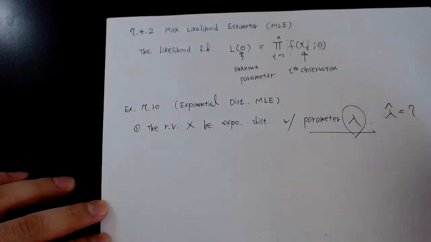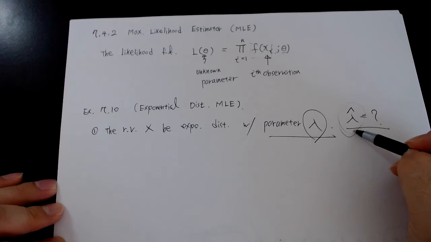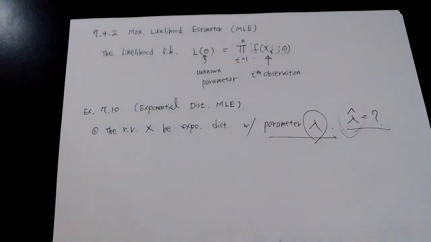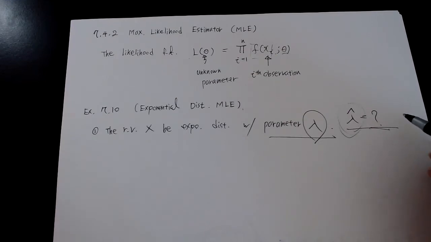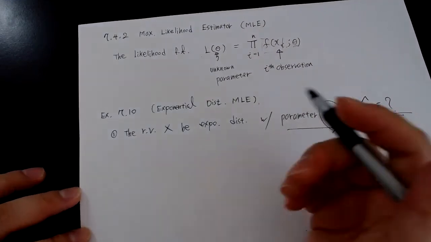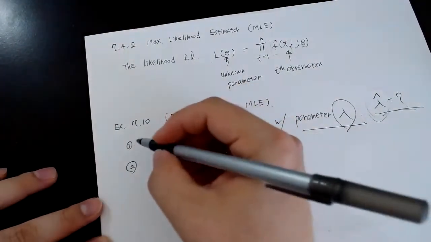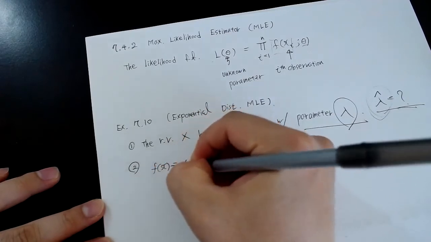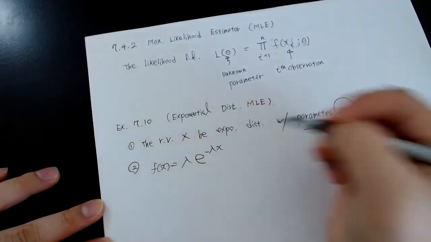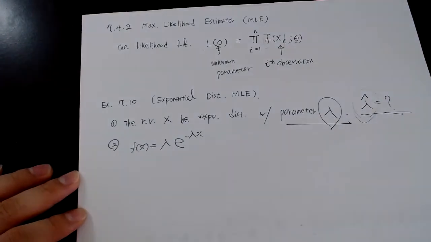So the goal is to find lambda hat, the point estimator obtained by MLE, which can be expressed as a sample statistic. In the exponential distribution, the PDF is f of x equals lambda times e to the negative lambda x. What is lambda, by the way? Lambda is the mean number of events per unit interval.